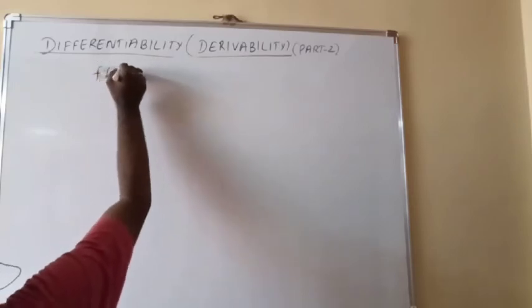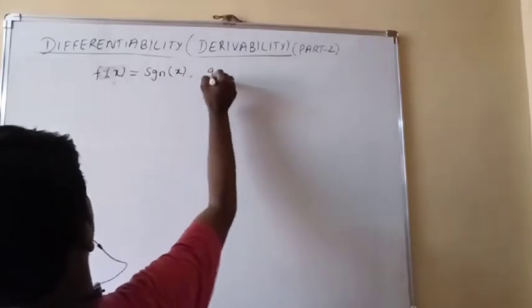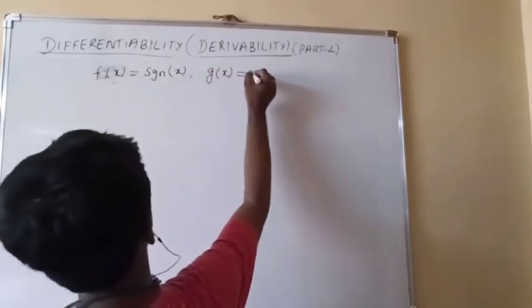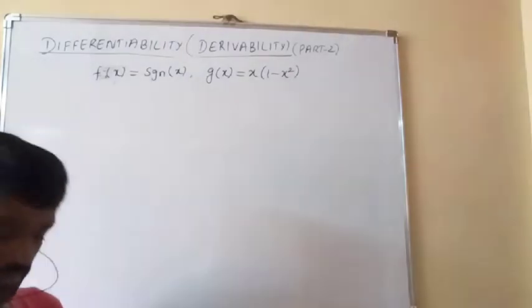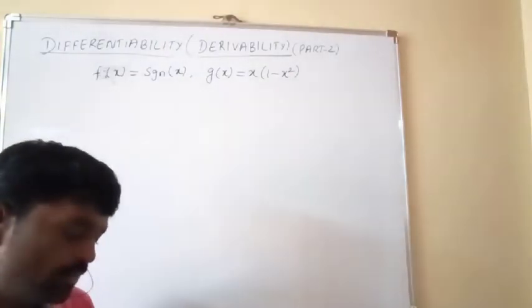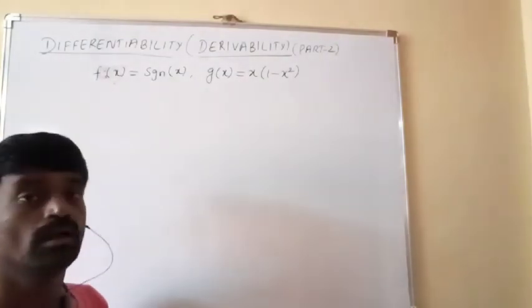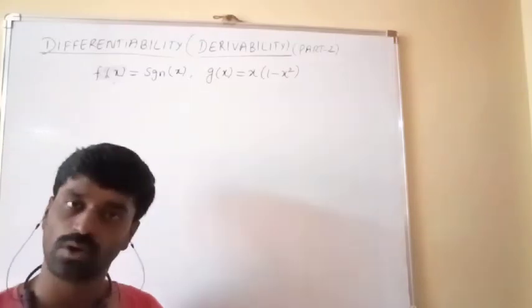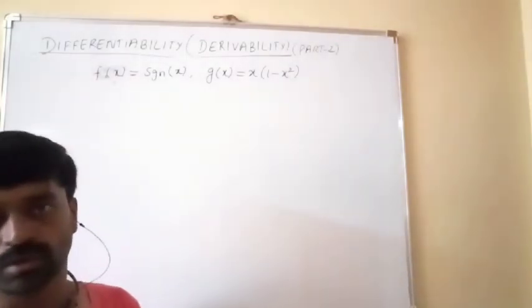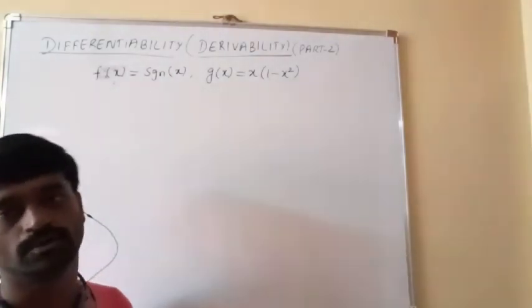So, a composite function problem. If f of x is equal to signum function of x and g of x is equal to x into 1 minus x square, then investigate the composite functions g circle f and f circle g, where both gof and fog are continuous and differentiable.